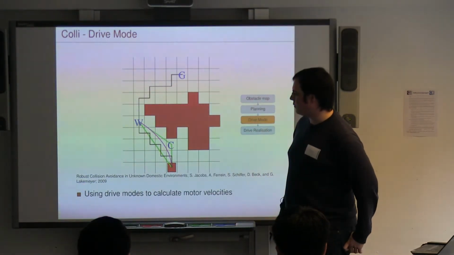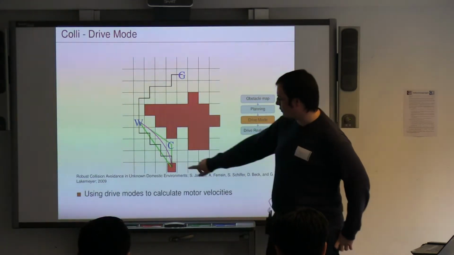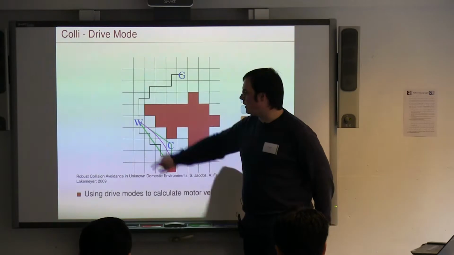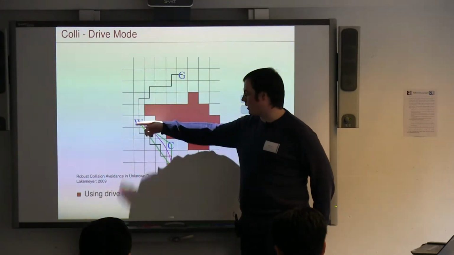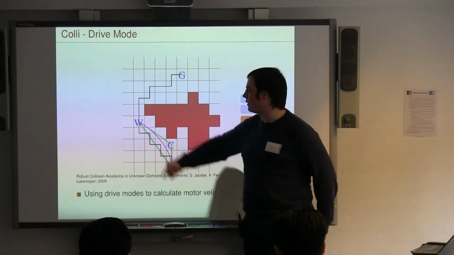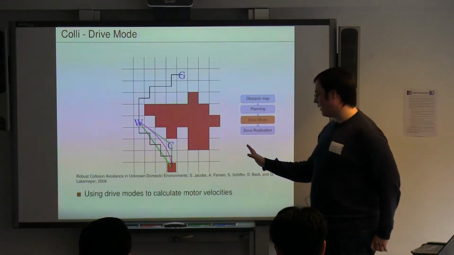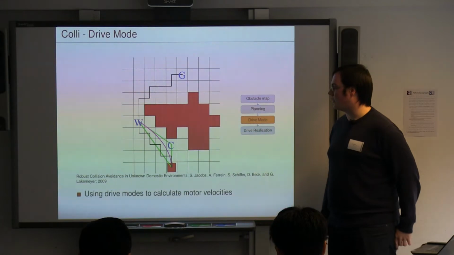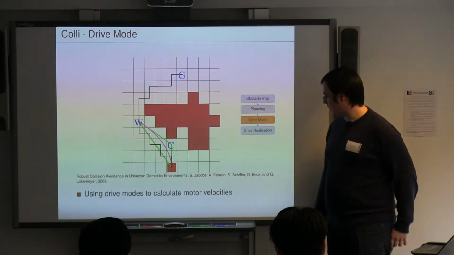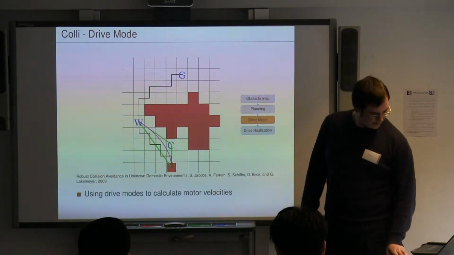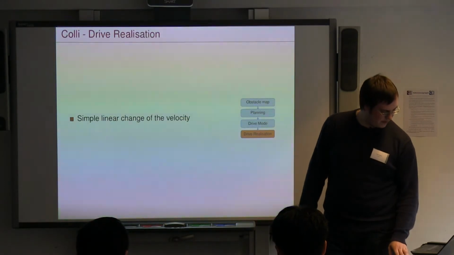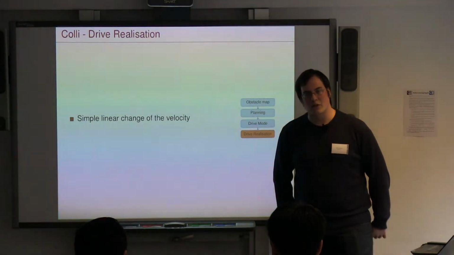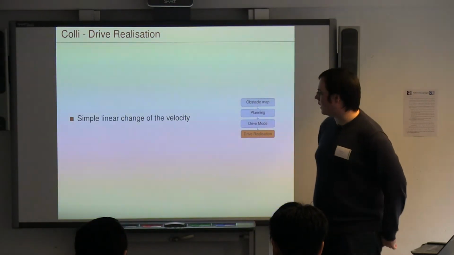On the Robotino, we have implemented a new drive mode that is very simple, following this line directly and slowly turning towards the target while driving. And then the last step, the drive localization, is simply a linear change of the velocity. It's implemented in a dynamic way.